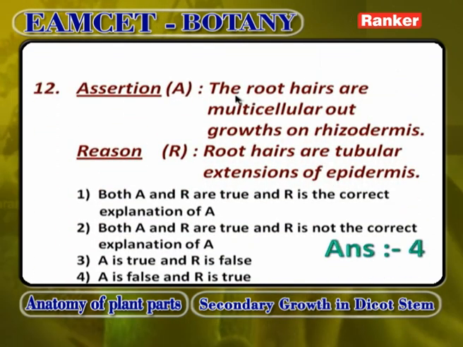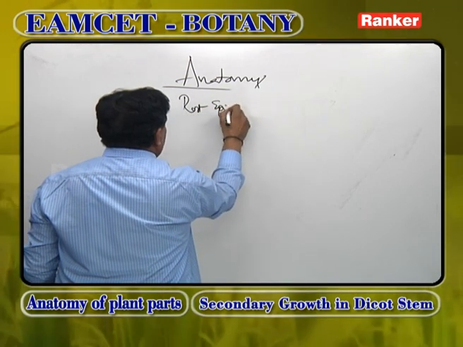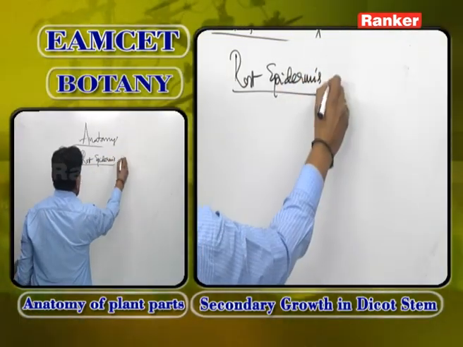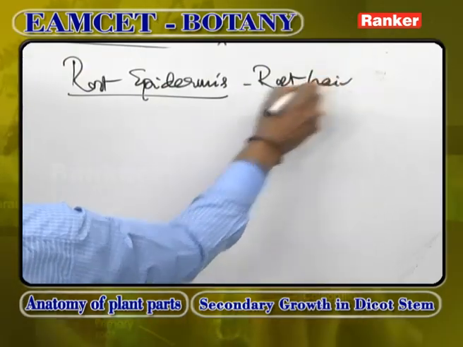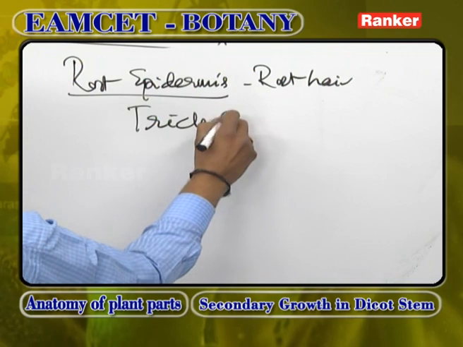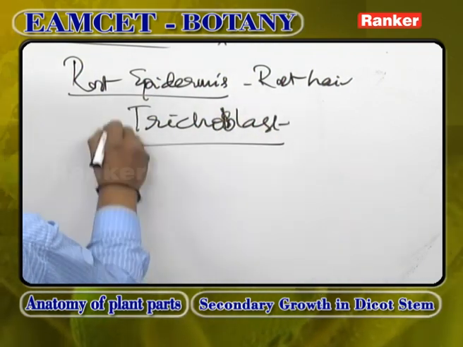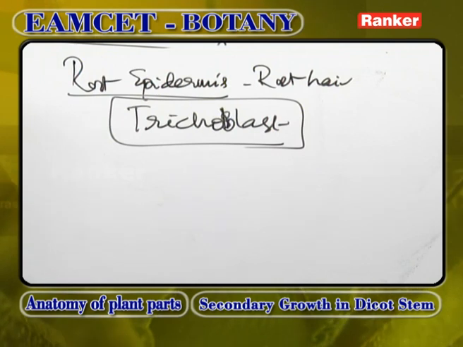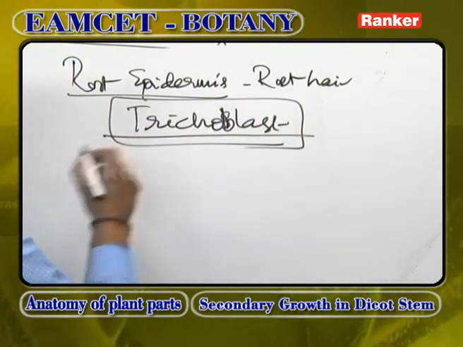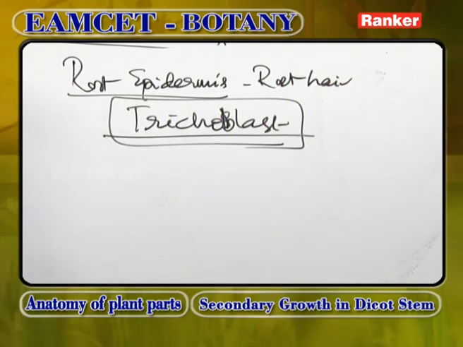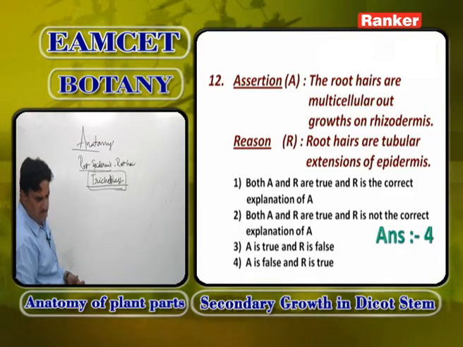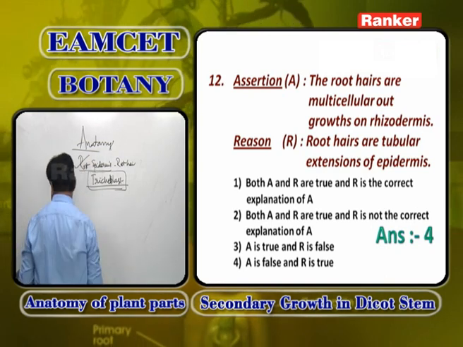Another assertion reasoning question. The root hairs are multicellular outgrowths of rhizodermis. Rhizodermis, epiblema and piliferous layer are the names given to the root epidermis with root hair. Some of the epidermal cells give rise to root hair. An epidermal cell that has the capacity to produce root hair is called a trichoblast. Root hairs are tubular extensions of epidermis is correct.